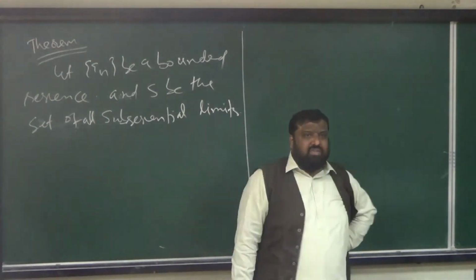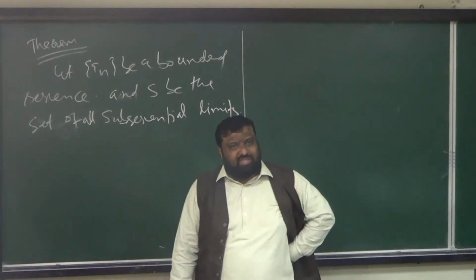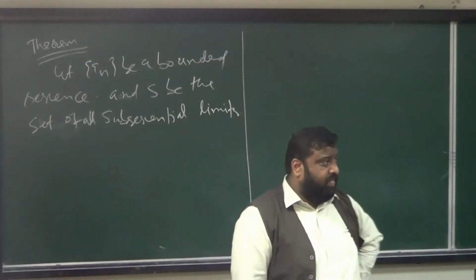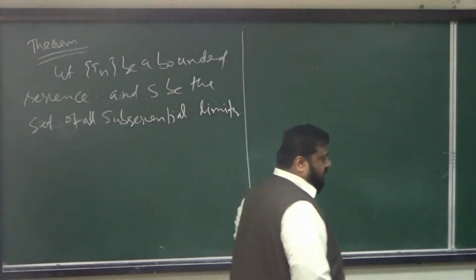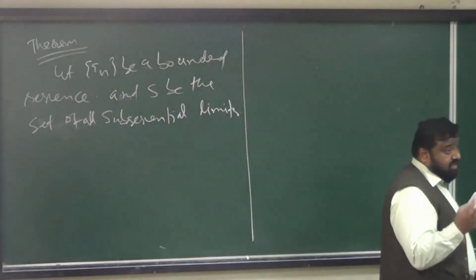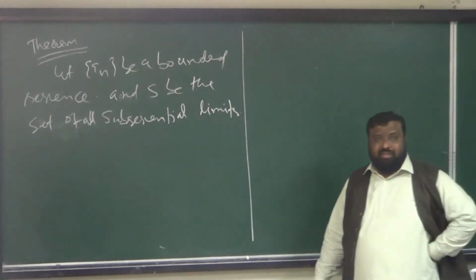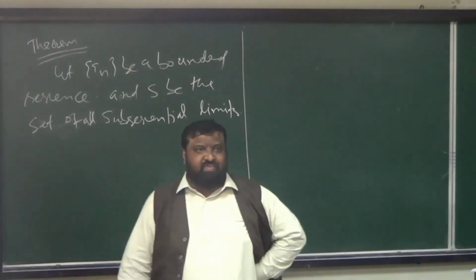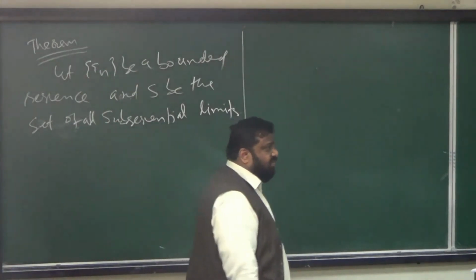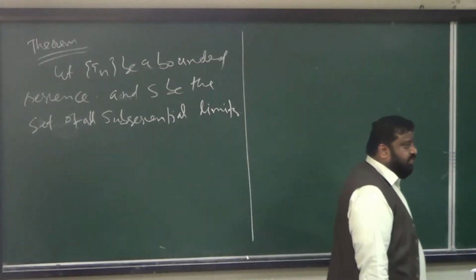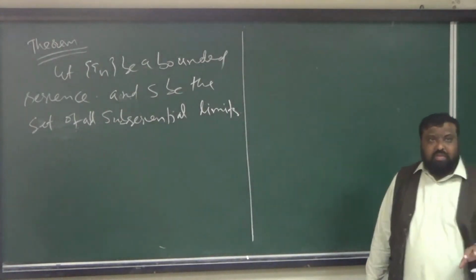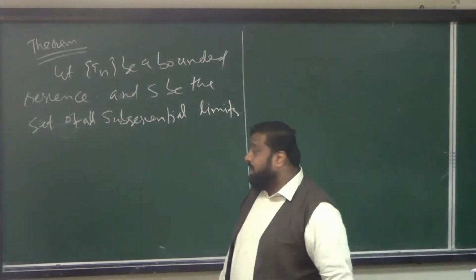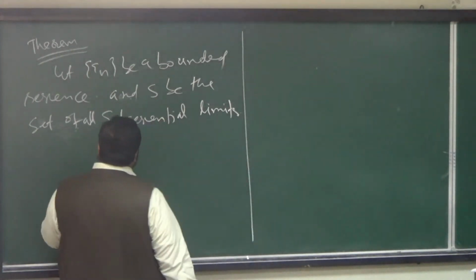Can a bounded sequence have more than one convergent subsequence? Although Bolzano-Weierstrass theorem says that there is at least one. So just think of it. My question is this: if I have been given a bounded sequence, why am I saying that?